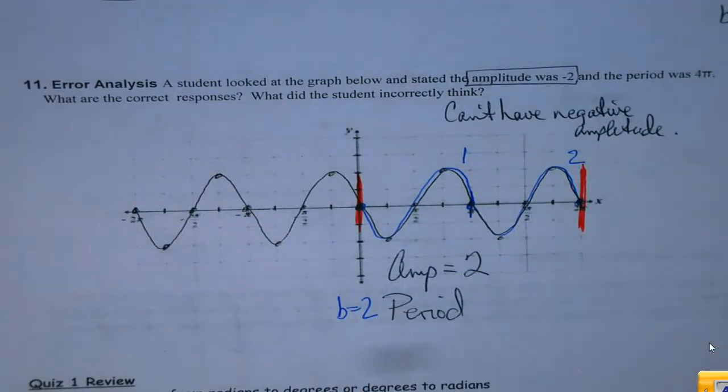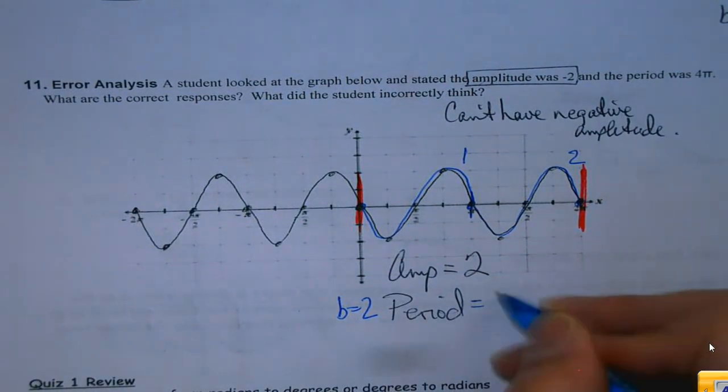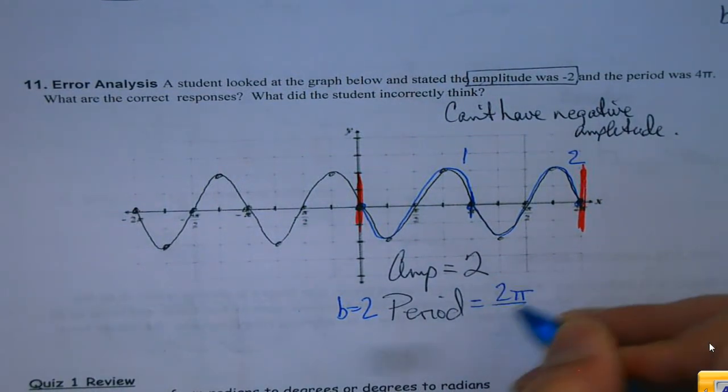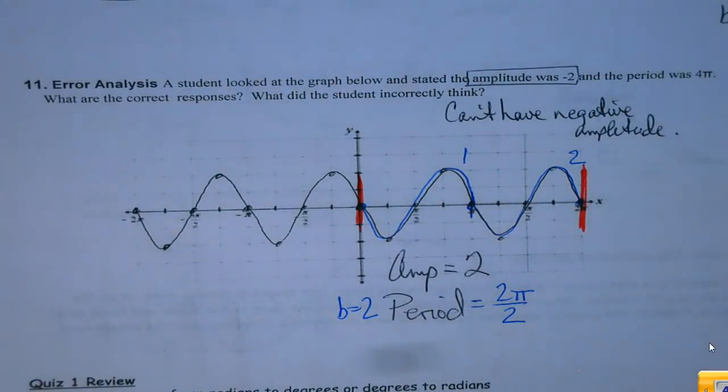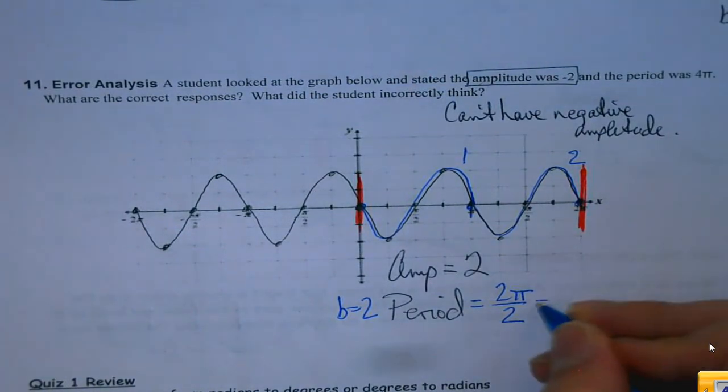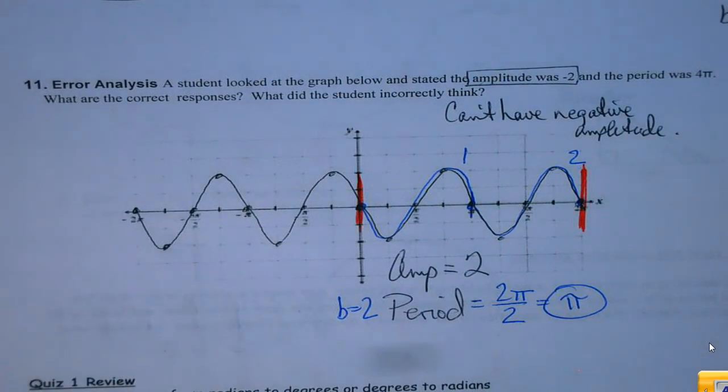So there were 2 cycles in there. So my actual period is 2 pi over b. 2 pi over 2, which is pi.